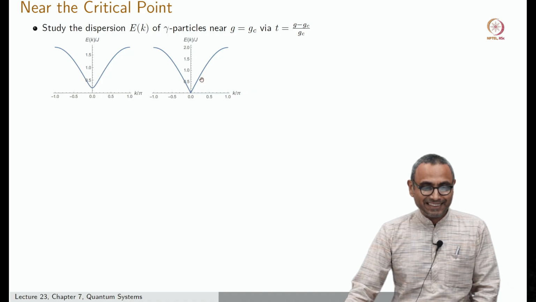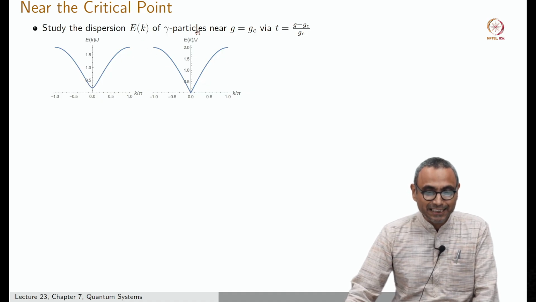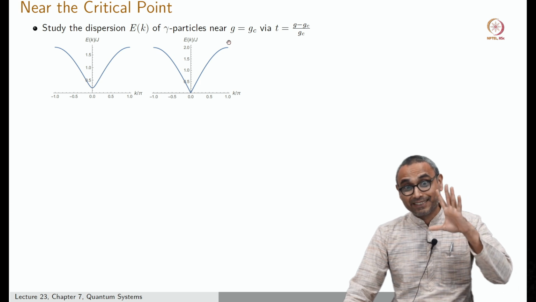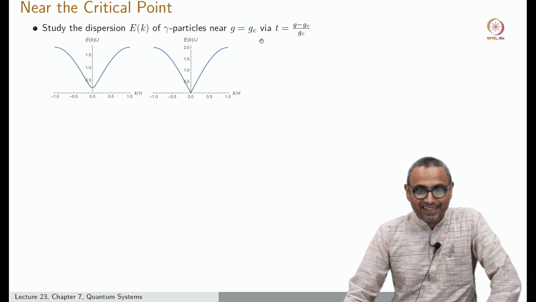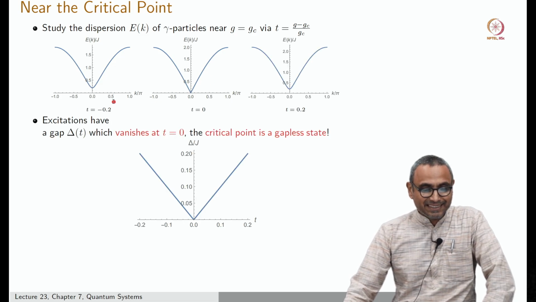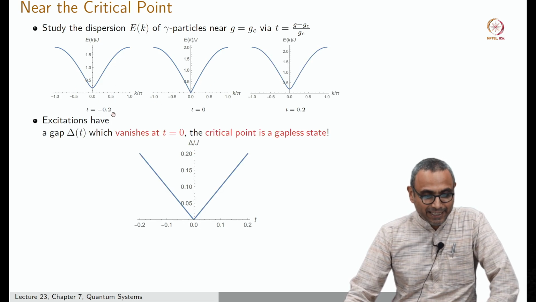To see this, I plot the dispersion, the energy E of these gamma particles as a function of k. This result is for t equal to minus 0.2, and you see that the dispersion has a gap. There is a gap in the excitation.